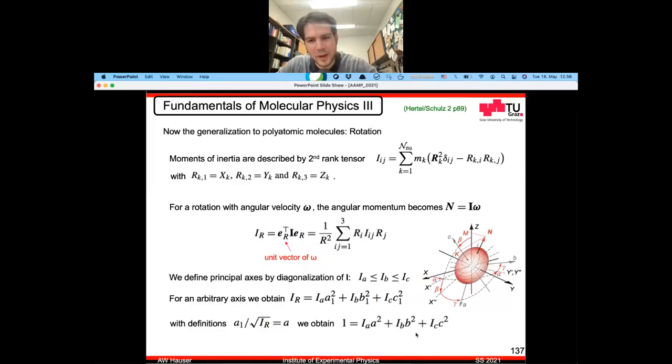What's so good about writing this in an implicit form? We can see this is some surface, because this is an implicit function of A, B, and C.